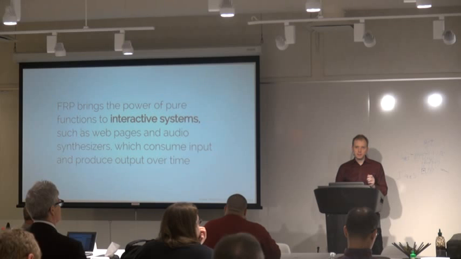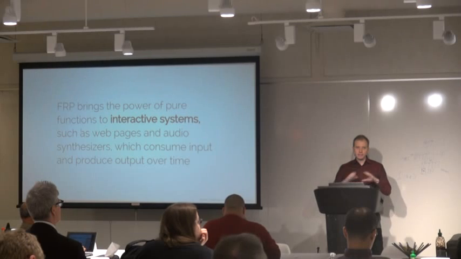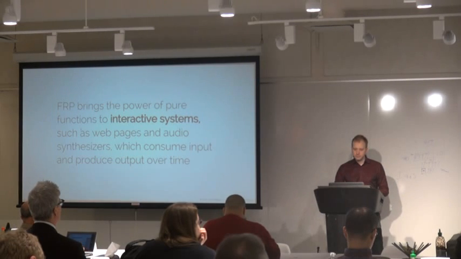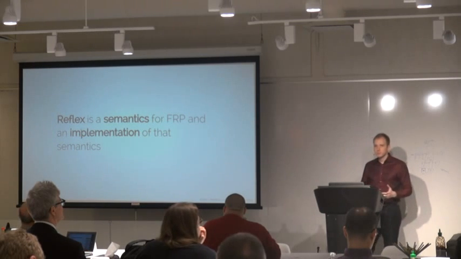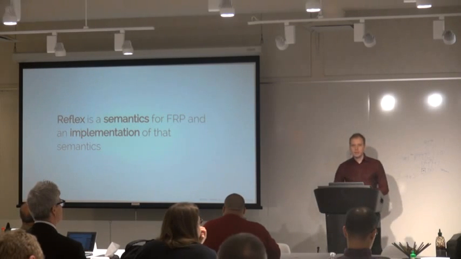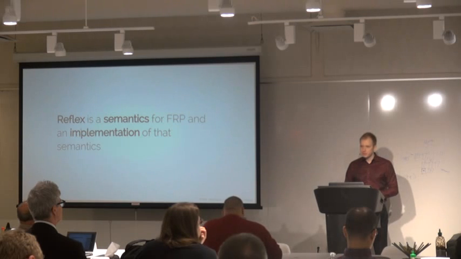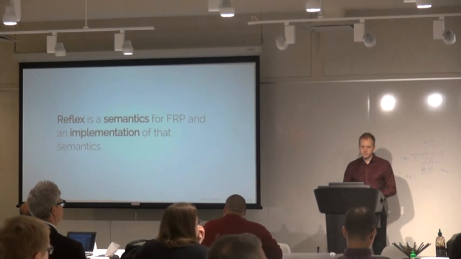And what we'd really like to be able to do is not have to resort to the I/O monad in order to write these complex real-time interactive systems. So what is Reflex? Reflex is two things. It's a semantics for FRP, a specification for what FRP means, and it's also my implementation of that semantics.